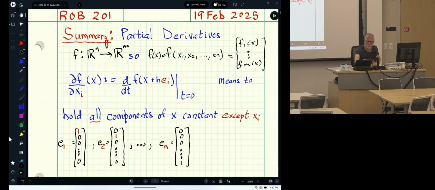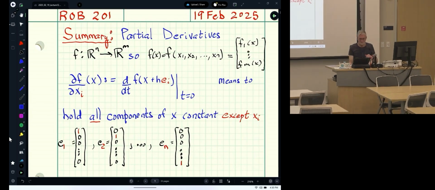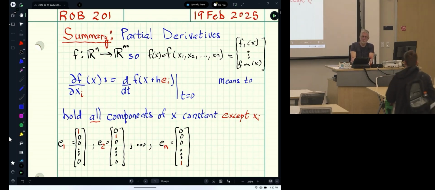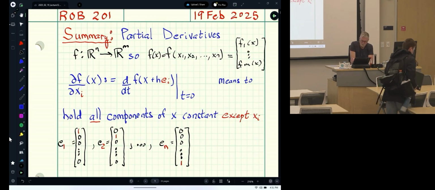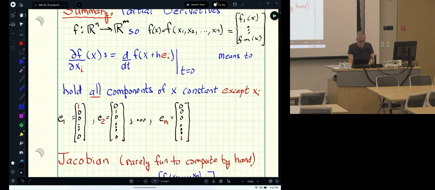These are just ordinary derivatives done one variable at a time. If f depends upon several variables, you hold all of them but one constant, vary the other, and that's how you calculate the partial derivative with respect to, say, the ith one.